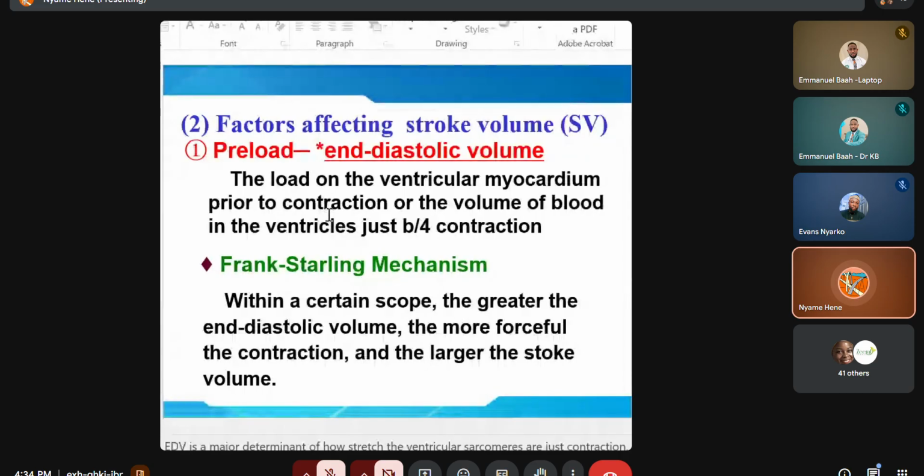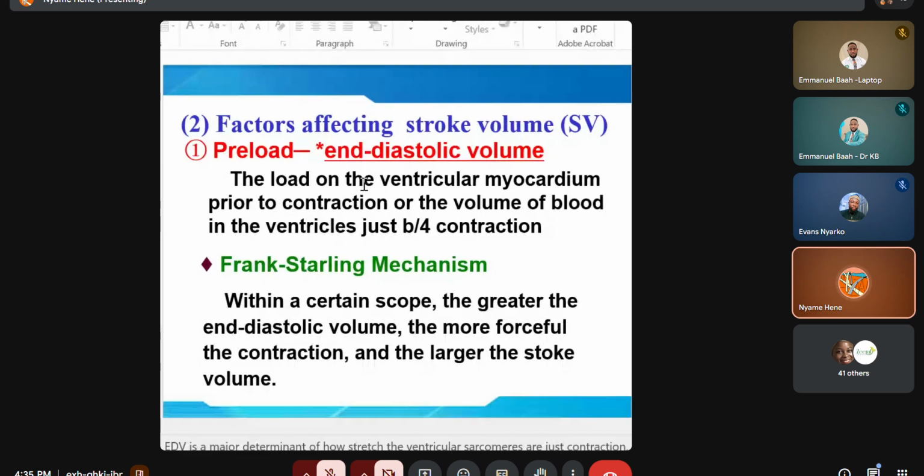The preload can affect the stroke volume because when the bottle is not well filled, let's say it is halfway, that is your preload. The preload doesn't mean the bottle has to be full. We are saying the bottle containing water when it's not contracted. So it can be halfway, it can be one third, it can be two thirds. You understand? So that becomes a preload.